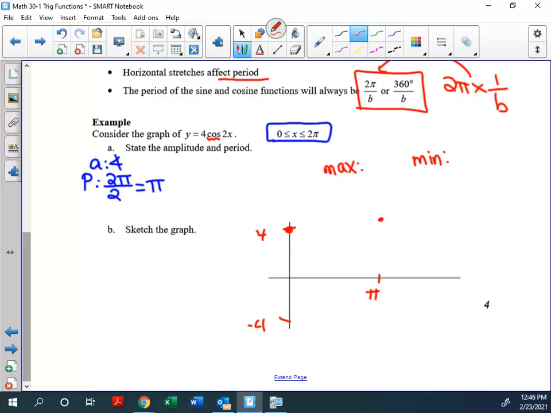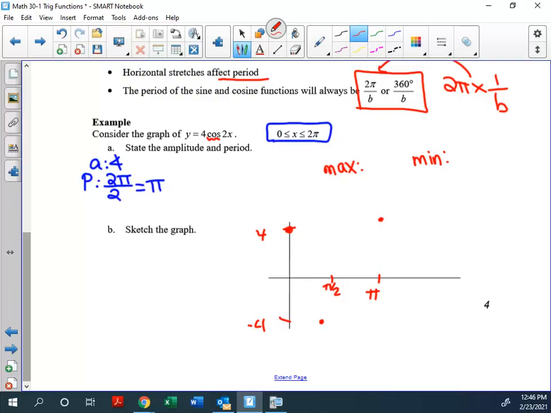I also know halfway between there, I'm going to be at the bottom of -4. So what's halfway between 0 and pi? Pi over 2. I'm going to be at the bottom. I've got some x-intercepts in there because if I'm going from a high of 4 to a low of -4, I'm crossing the axis halfway in between my high and my low.